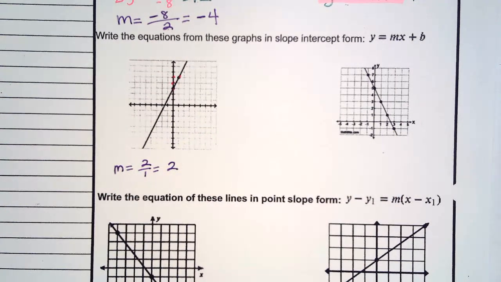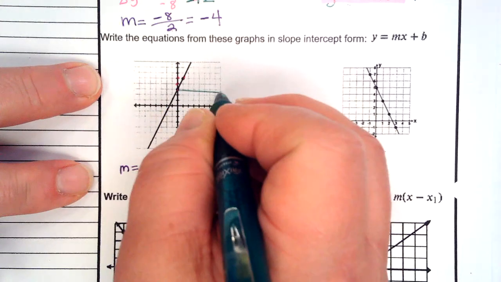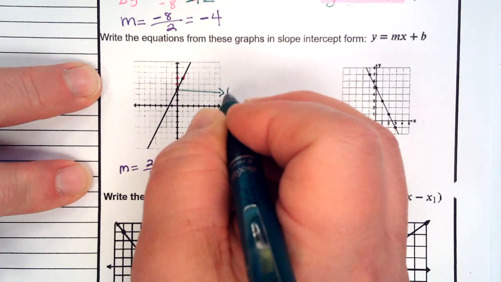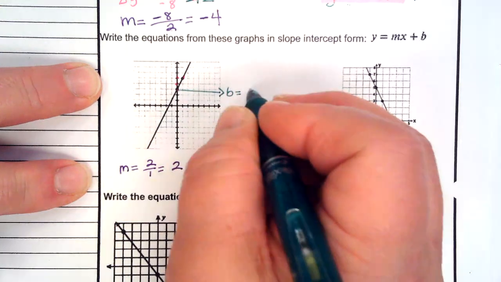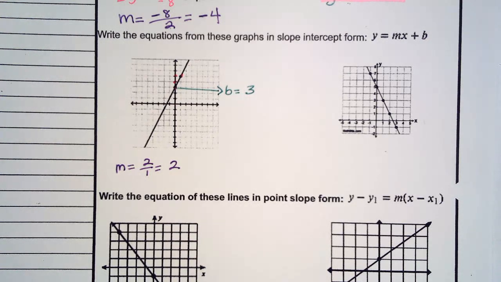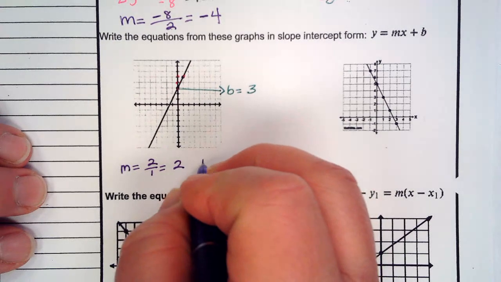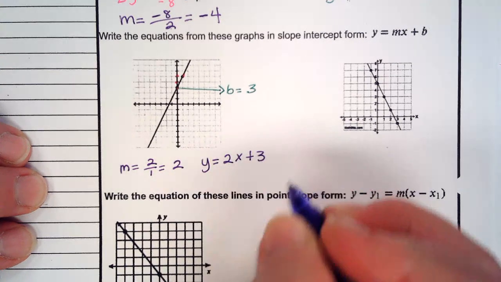Okay, my y-intercept. This is my y-intercept. This is my b. This is 1, 2, 3. That's where you find your b. It's where the y-intercept is. When you put it all together, y is equal to 2x plus 3, and you're done.